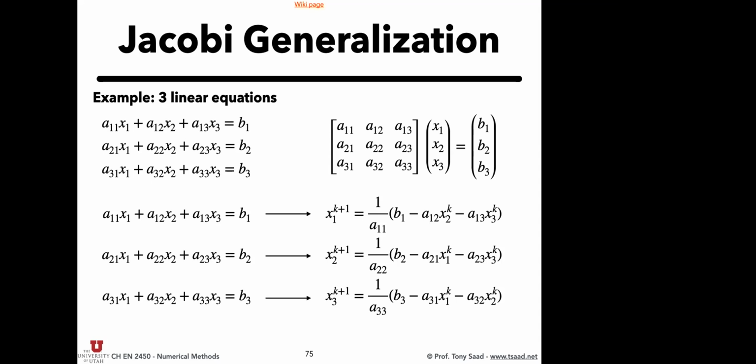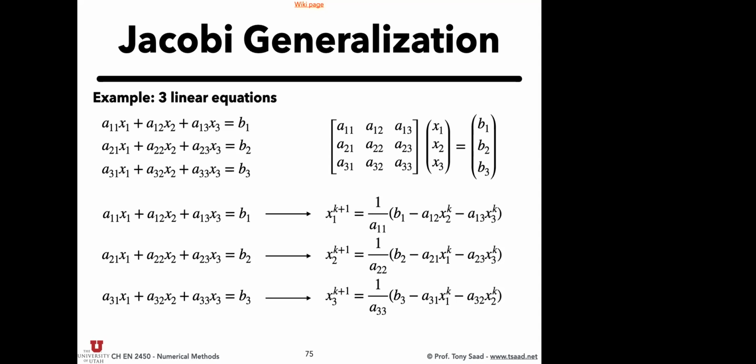Whenever I have the opportunity, I'm going to try to write this in terms of a vector matrix multiplication. I want to take that opportunity. So if you focus on the first equation here for x1, you notice on the right-hand side you have a12 x2, kth iterate, and a13 x3, kth iterate.